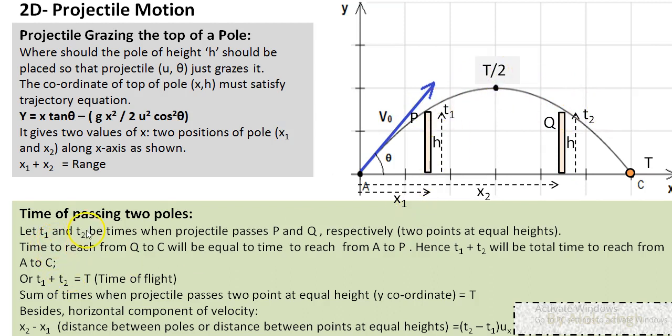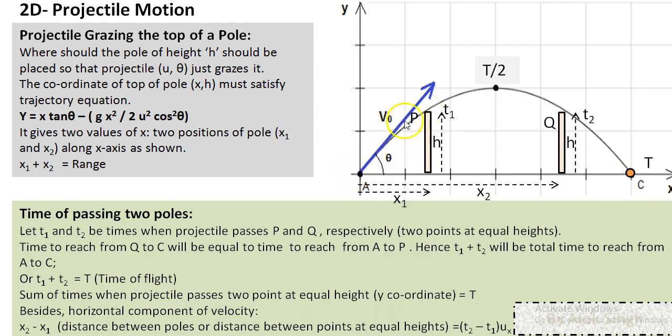Let T1 and T2 be the times when the projectile passes the two points P and Q, which are at the same height. What we notice here is that the time taken for the projectile to move from Q to C will be the same as the time taken to move from A to P, which is T1.